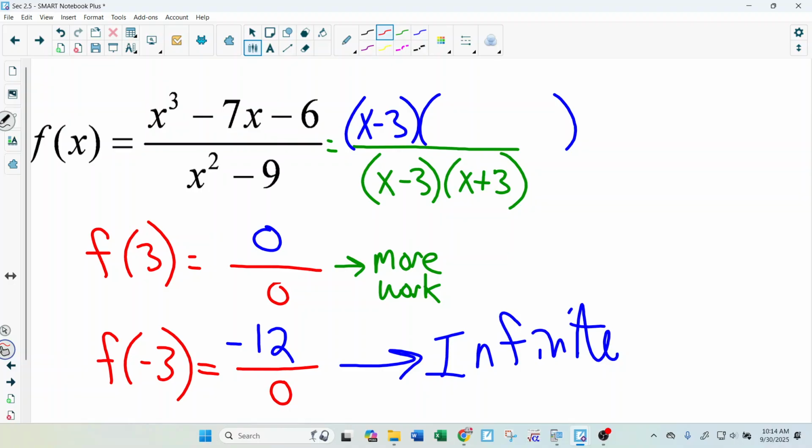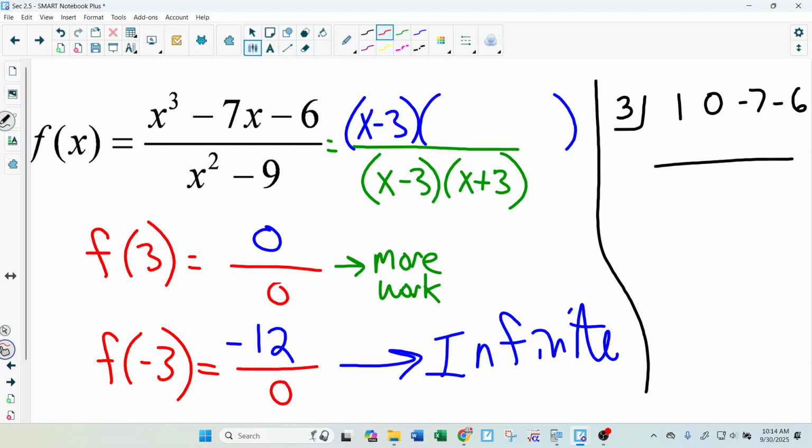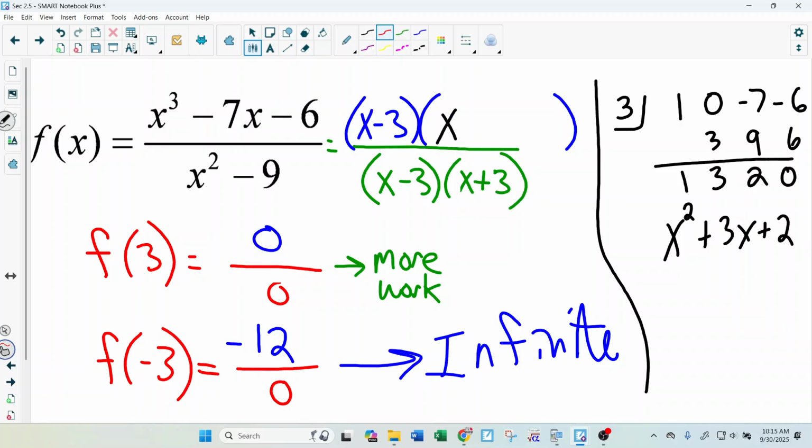What are you thinking? The division, whatever. Division, we actually just did this today in pre-calc. Remember synthetic division? I'm actually going to pull this out. 3, 3, 9, 2, 6, 0. So we end up getting this.